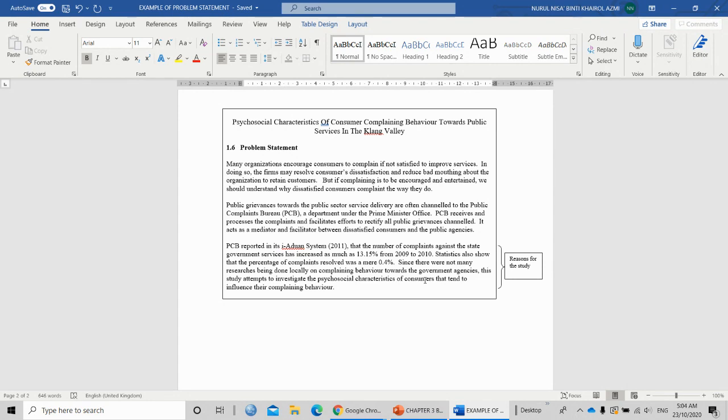Determine level of awareness ke? So the title depends on the problem statement and also on the research objective. Research objective nanti kemudian saya akan ajar how to write a research objective. So for the time being, saya nak you come up with the background of study and the problem statement.